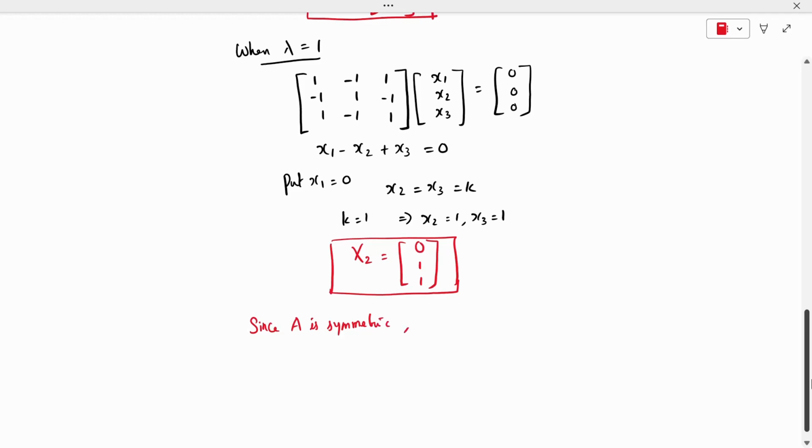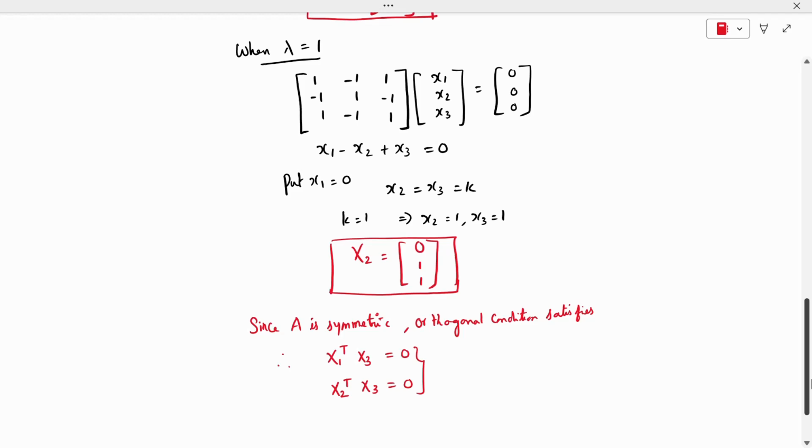If A is symmetric, the orthogonal condition is satisfied by the eigenvectors. Therefore, the first vector transpose into the new vector I am going to calculate is 0, and the same with the second transpose into x3 equal to 0.